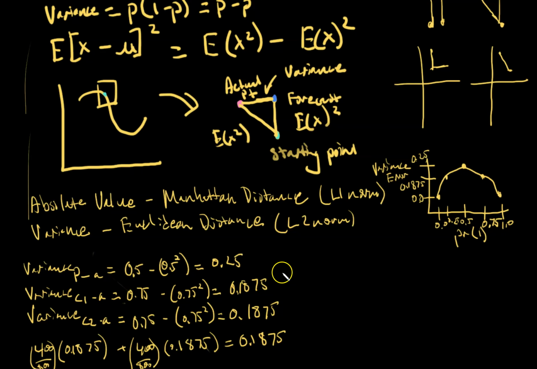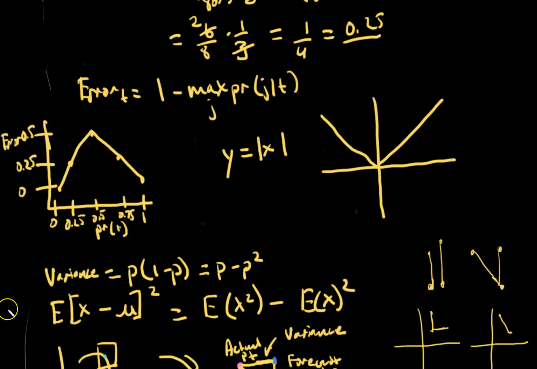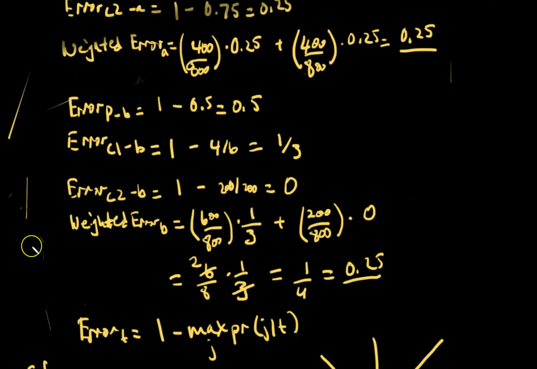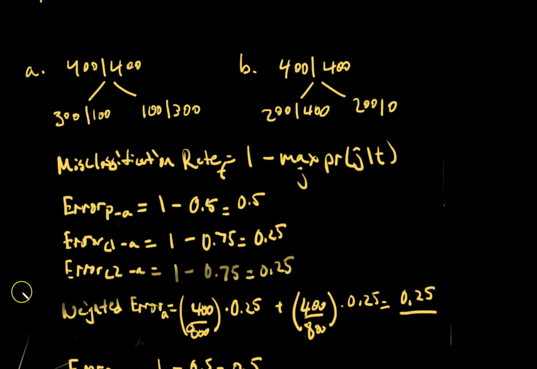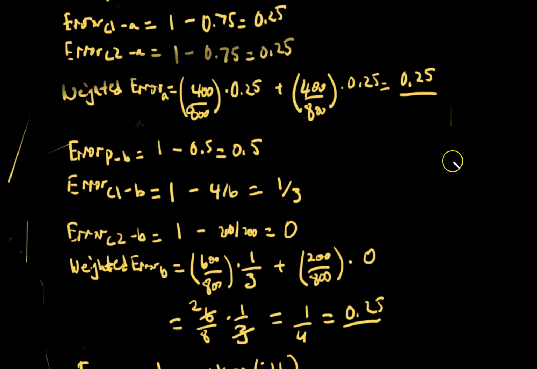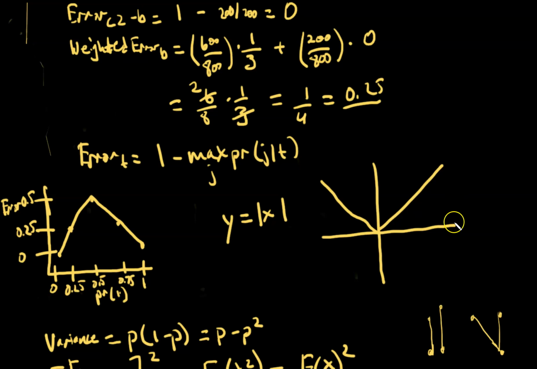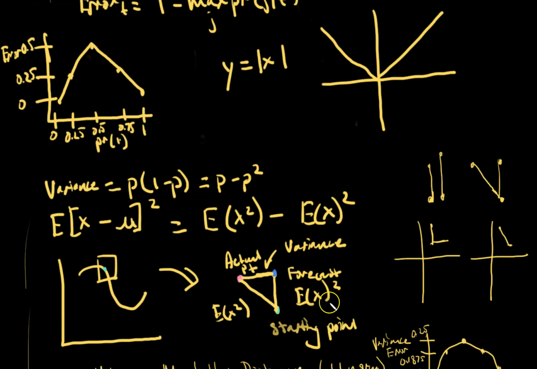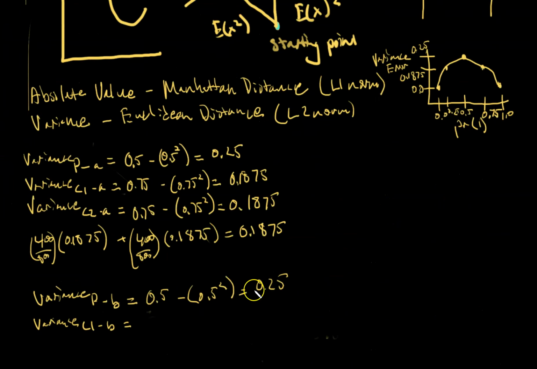And then the variance of child 1 of B is going to be, all right, what's the majority class of B again? Oh, the majority class was 400, split as 200 and 200. So 400 over 600, so it's going to be 4 over 6, or 2/3.